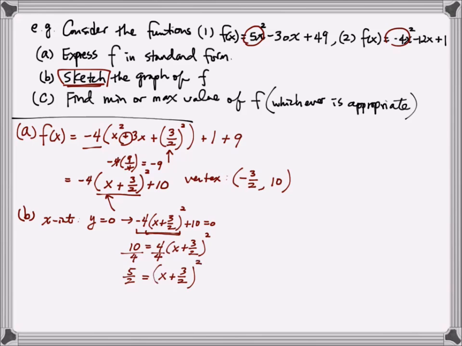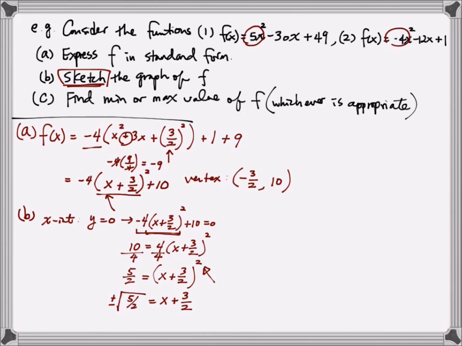Now I notice that if I just take the square root of both sides, I can get rid of the square on the right. But remember, when you take the square root, you always get plus or minus as the result, as in any quadratic function it should have 2 roots. So if I do that, I get plus or minus the square root of 5 over 2 equals x plus 3 halves. The square root is the opposite operation to squaring, so that successfully gets rid of the square.